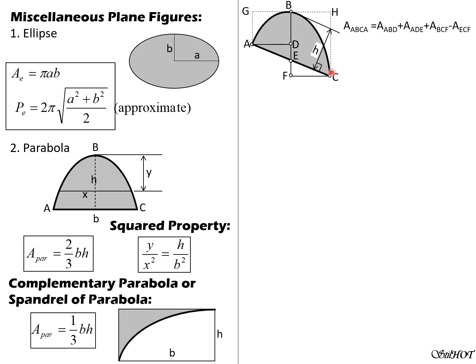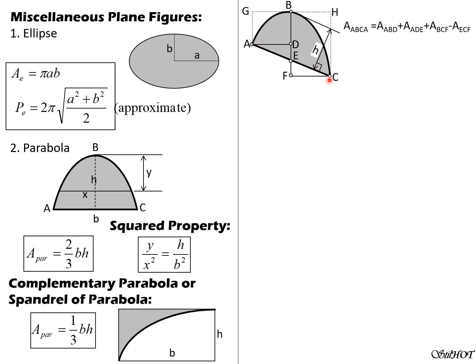And it is also equal to 2/3. The base is treated as AC, and the height would be the perpendicular distance between the tangent of the parabola somewhere here, not at the highest point because this is sloping, and this vertical distance.